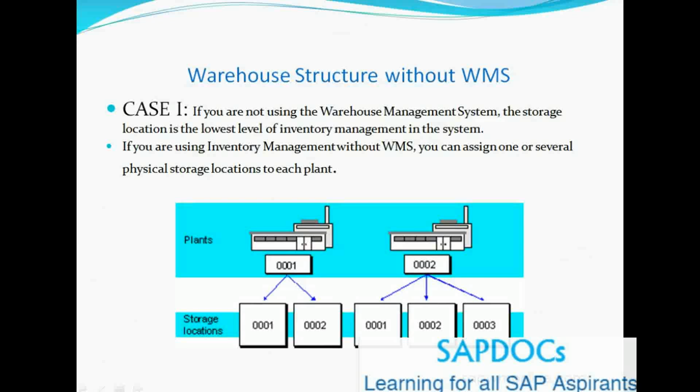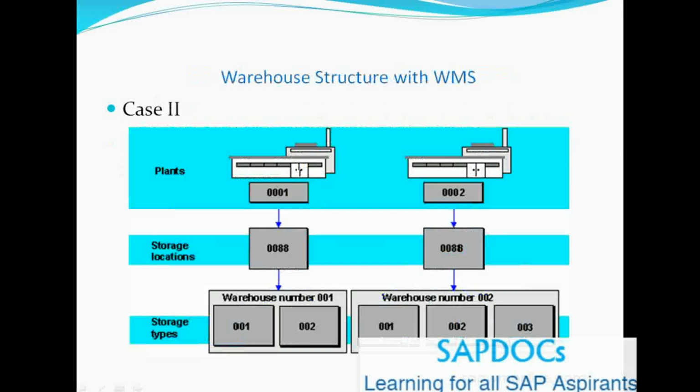So you can see one plant linked to a single storage location or multiple storage locations, and that's it. If you are using inventory management without WMS, you can assign one or several physical storage locations to each plant. Let us see a case wherein WM comes into the picture.